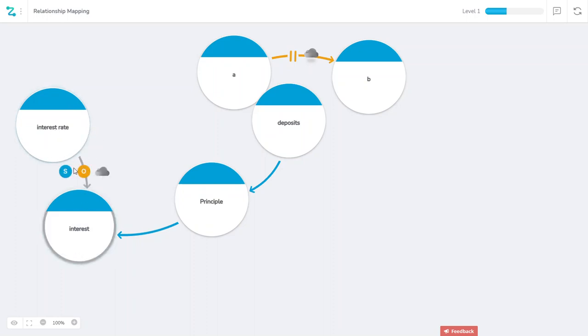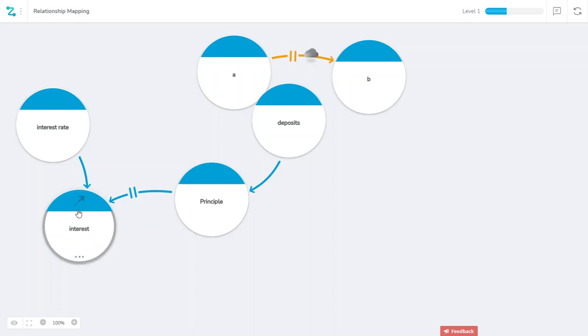So let me go ahead and say that as interest rate increases, interest increases, so that the interaction of principal and interest rate creates interest, though typically savings accounts only get interest periodically. So let me go ahead and add a time delay to this, indicating that this doesn't happen continually throughout the time frame.